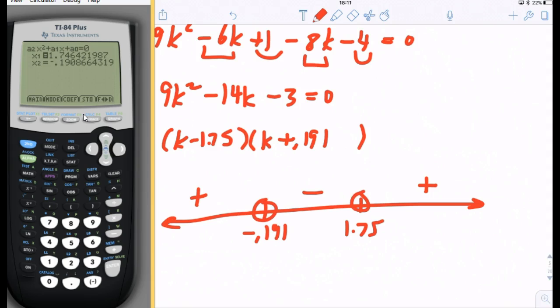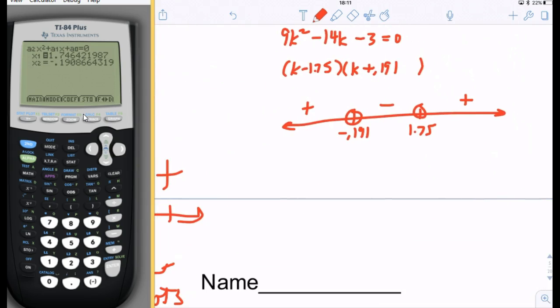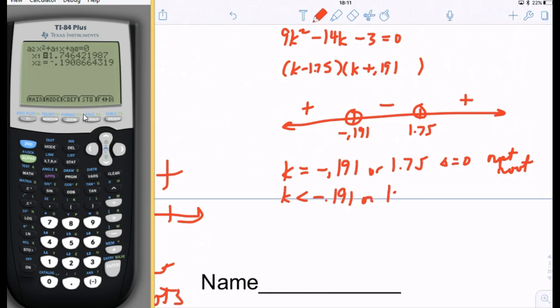And if we wanted to write out the results here, we'd say, if k is equal to negative 0.191 or 1.75, then delta is equal to 0. So that means repeated root. And if k is less than negative 0.191 or k is greater than 1.75, then delta is greater than 0, which means 2 real roots.